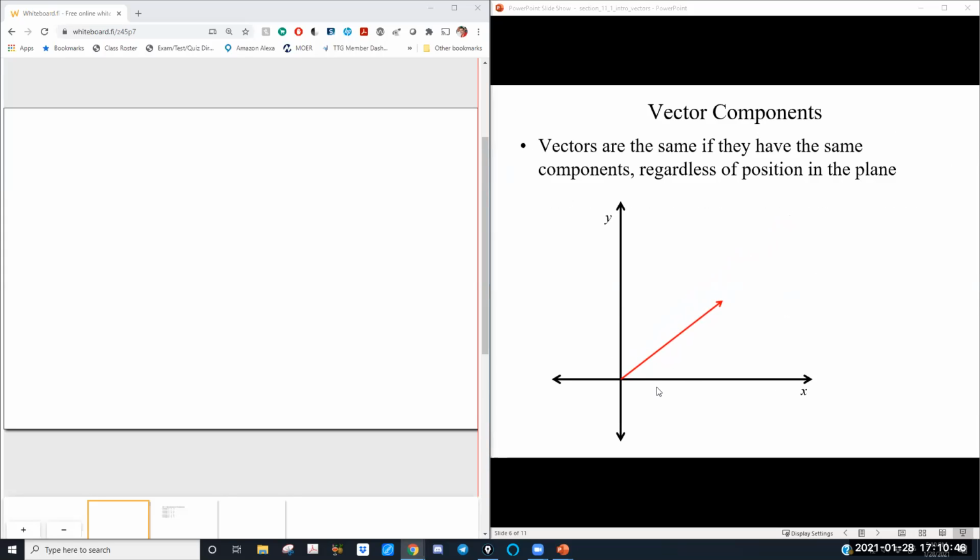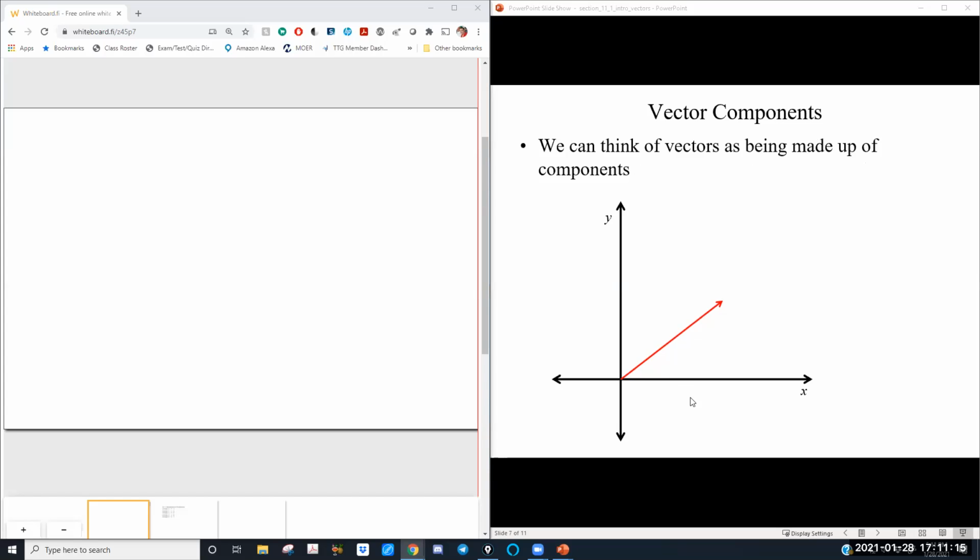Those two vectors are the same vector because they would be made up of the same components. So a vector doesn't care where you're starting or ending in the plane. That part's on us. What it does do is give the displacement between 2 points, the magnitude and direction between 2 points.